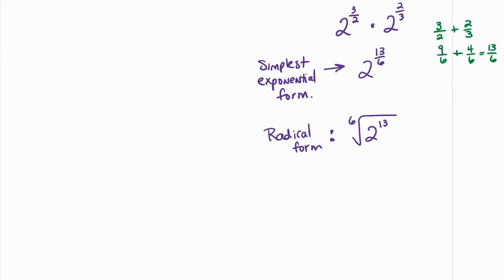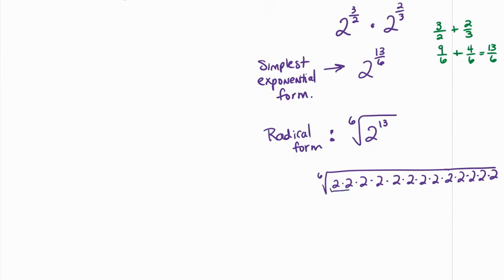And basically what I need to think about is I have 13 2's inside this radical, right? And if it helps you see it, you don't have to do this every single time. I'm just going to do this time. I've got 1, 2, 3, 4, 5, 6, 7, 8, 9, 10, 11, 12, 13. I almost ran out of room there, right? If I have 13 2's, if I'm doing the 6th root of that number, then I need to make groups of 6.